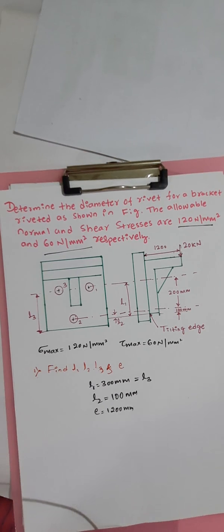Then we need to find the second parameter, which is the direct shear load on each rivet.